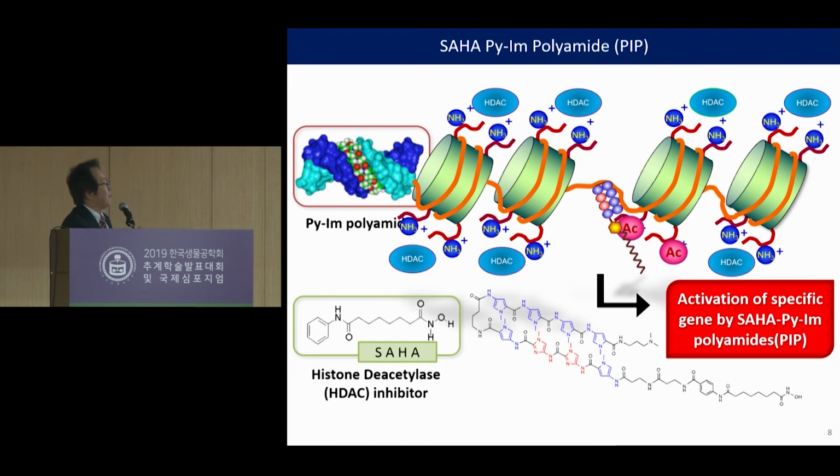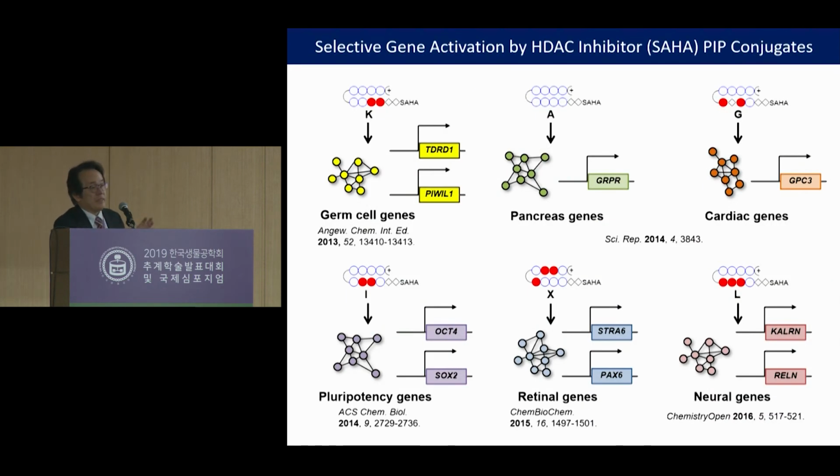So this is a proposal. And we synthesized a small library, analyzed the expression, and found that each SAHA conjugate activates a different set of genes. So this is a typical example.